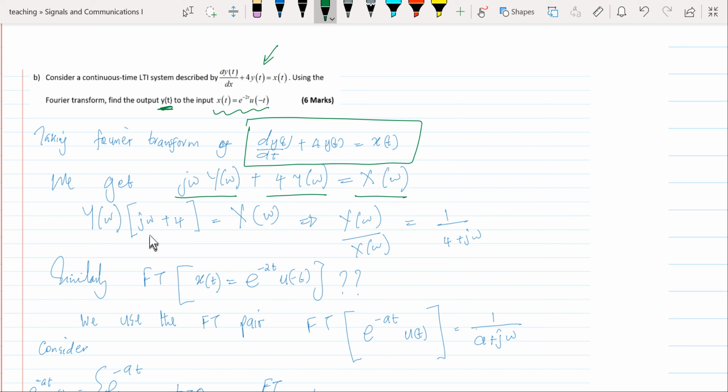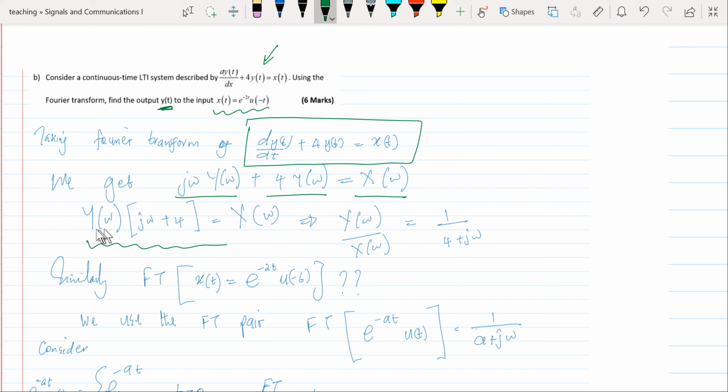That is quite straightforward. Then the next step is to bring the terms together such that you have Y on one side and X of omega on the other. This gives us j omega plus 4, multiplied by Y of omega, equals X of omega.